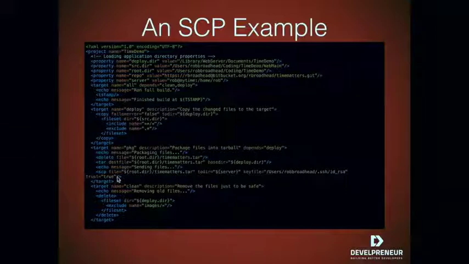And then I have to give it a key file, because it is a secure copy. I have to tell it what key file I'm going to use for my access. In this case, I've already set myself up so it uses a key file and a trusted user on the server.